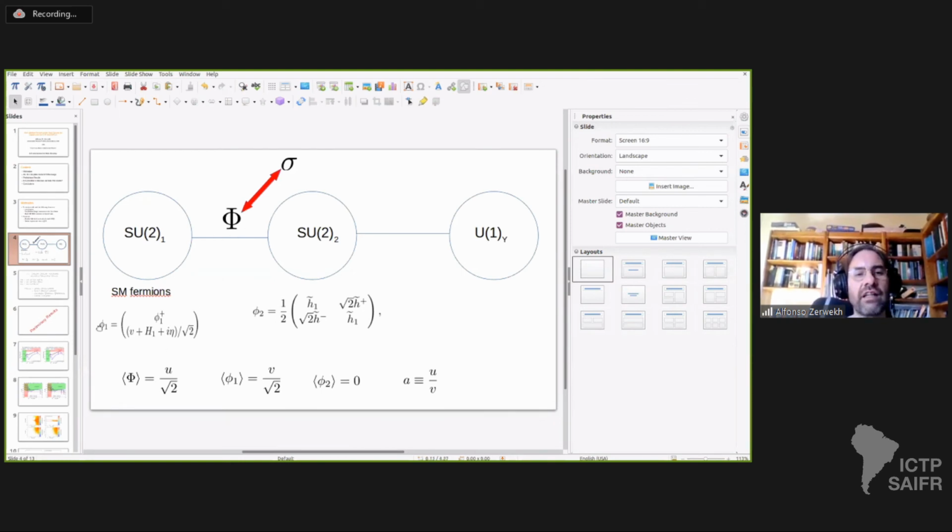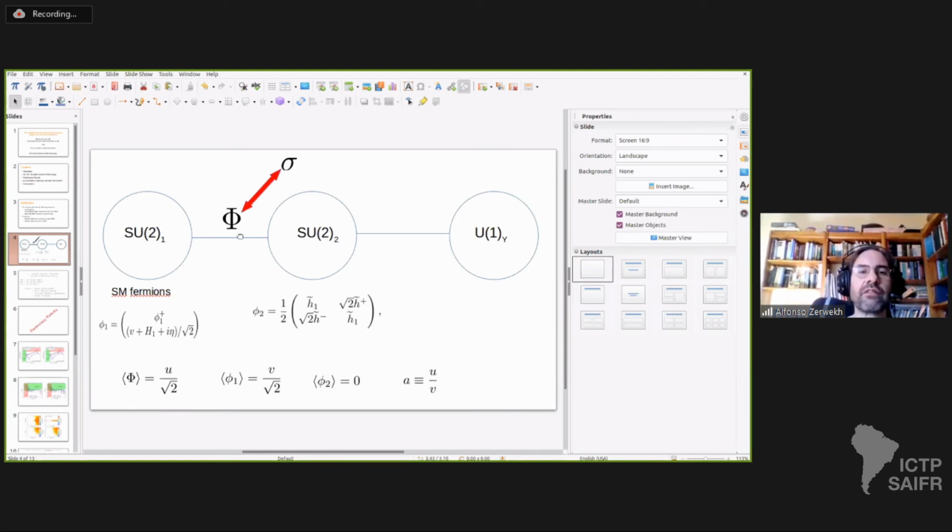Capital Phi and Phi1, both of them get a VEV, vacuum expectation value. The scale of the first VEV is called U, and the second one is called V as usual. And the parameter A is the ratio between those scales.